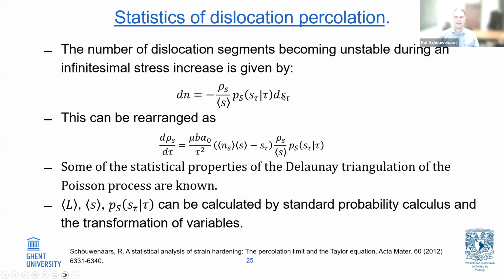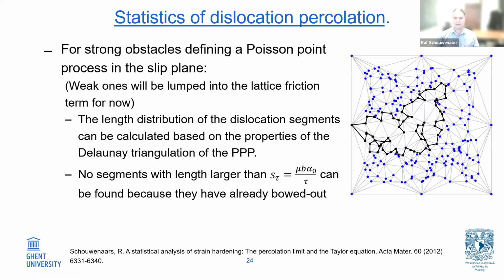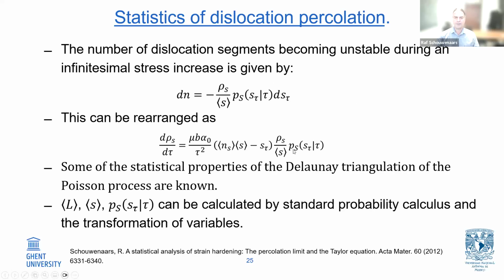Now, this increment in S tau can be calculated from its definition, so the differential can be made. And if we substitute the number per volume by the length per volume, then we find here the density, the derivative of this S tau.